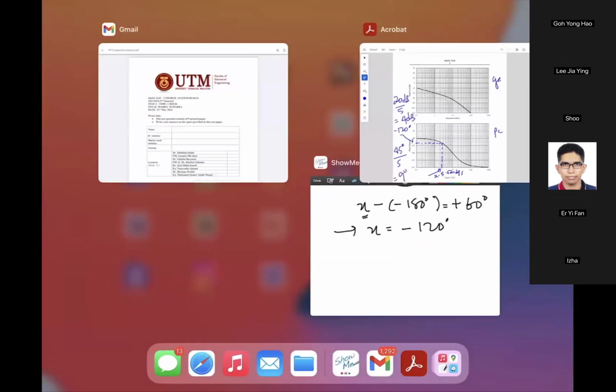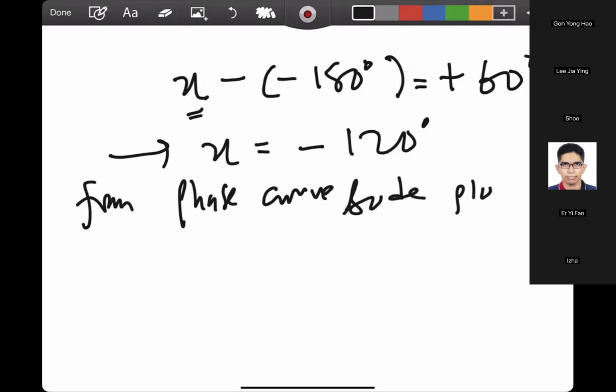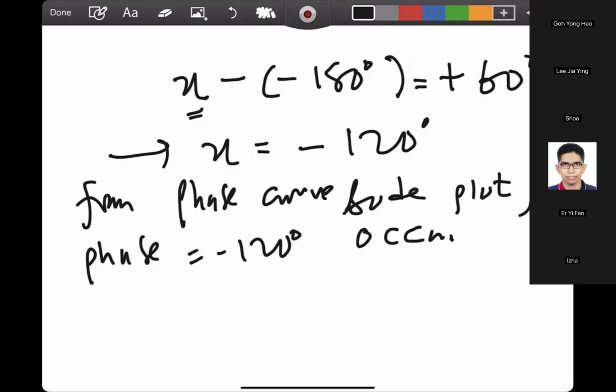So you can see that from the phase curve, phase equal to minus 120 occurred at omega equal to 2.5 radian per second. Okay.